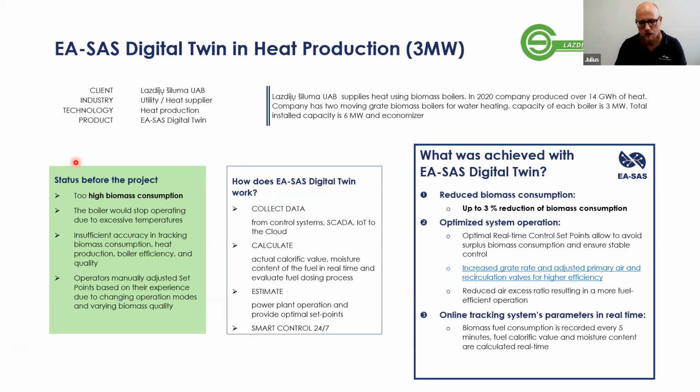One of the causes we found for that is that the operators weren't able to control the power plant with the automation that had been put in place for them. For example, you need to produce more heat, so you put in more fuel, and then the fuel starts burning. Then they were unable to stop the process, and the temperature got too high in the furnace and it automatically stopped.